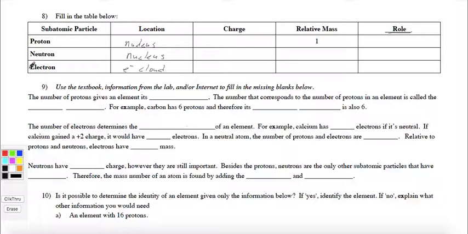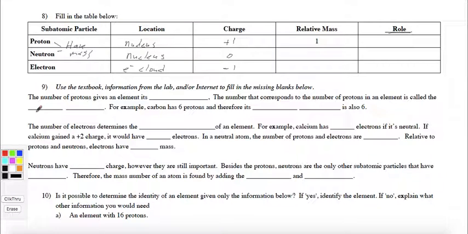The protons and the neutrons are the things that have mass, and they are located in that very small point in the center of the atom called the nucleus. The charge here is +1, no charge, and -1.